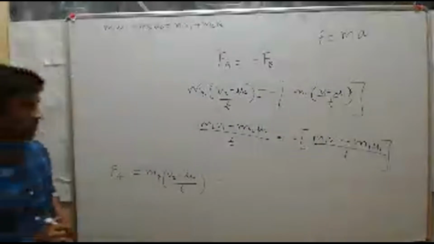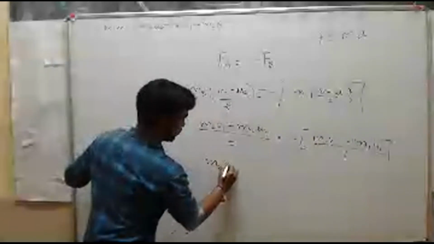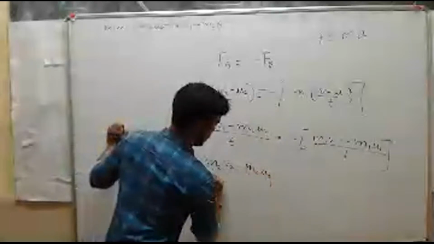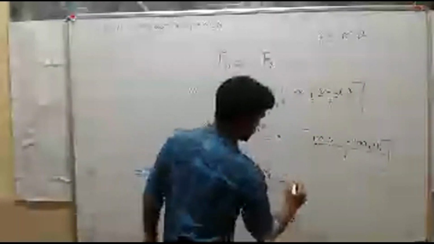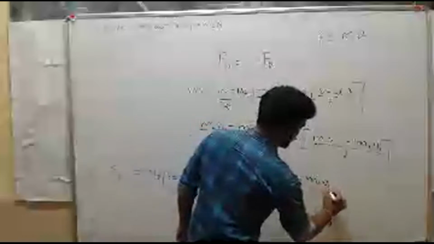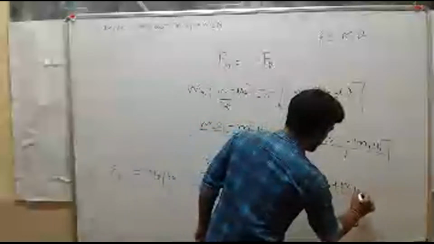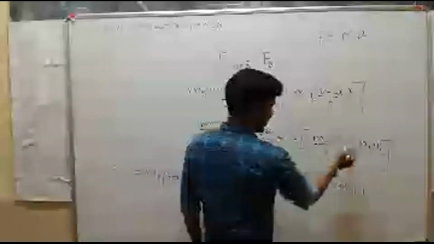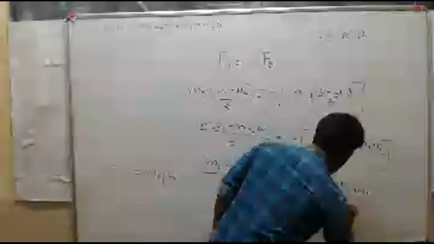Okay, now multiply this minus symbol. So here we get (m2 v2 minus m2 u2) divided by t is equal to minus m1 v1 plus m1 u1, divided by t. Plus into minus is minus, minus into minus is plus. Now just observe here, this t gets cancelled, right?